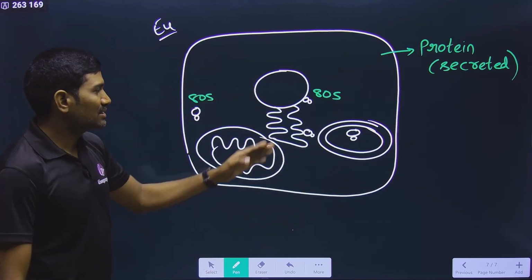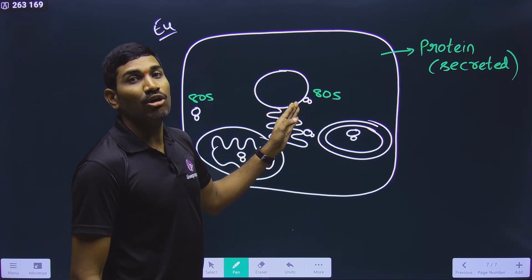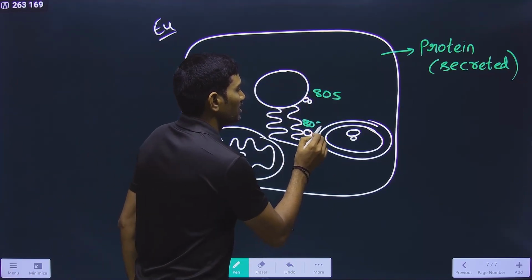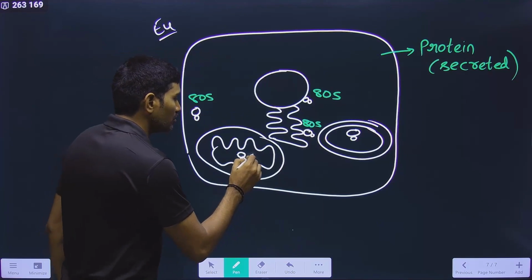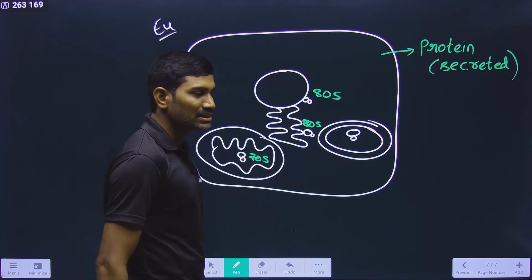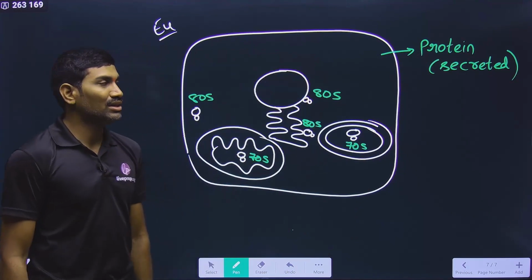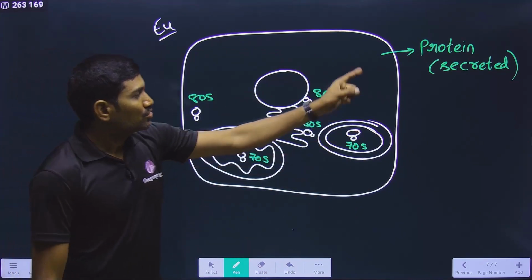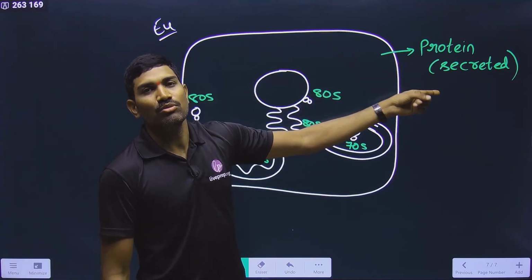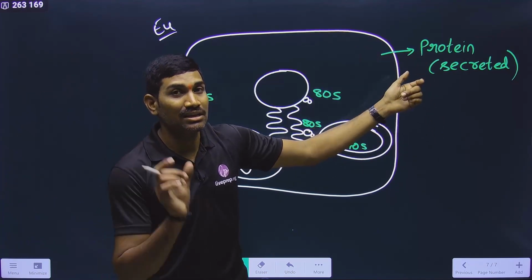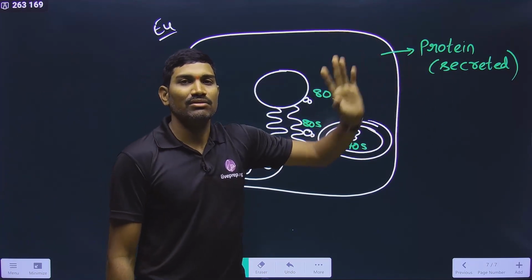Free ribosomes, 80S type. Ribosomes attached on the outer membrane of the nucleus, also 80S type. Ribosomes on the endoplasmic reticulum, also 80S type. Ribosomes of the mitochondrial matrix, 70S type. And ribosomes of the chloroplast stroma, 70S type. Now tell me, what is the correct one? Which ribosome is involved in synthesis and secretion of protein from the cell?